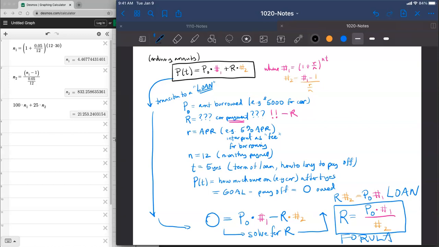As an example, we could take the numbers that we just had. P0 is equal to $5,000 to buy a car. You had maybe an interest rate of 5%. You had 5 years to pay that off, and we were going to make monthly payments. And the question is, we want to figure out what the R value has to be for the future value of the car to be paid off.